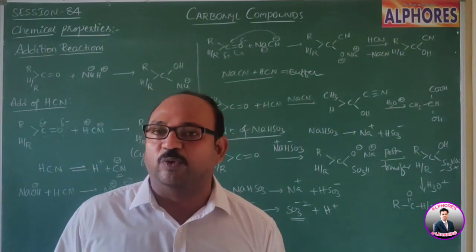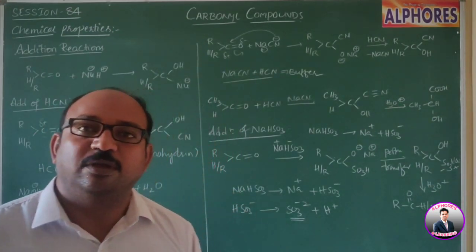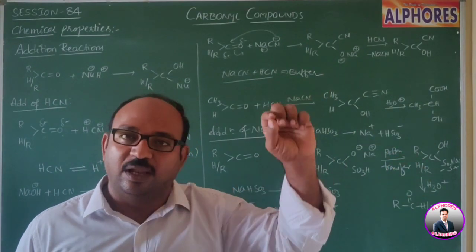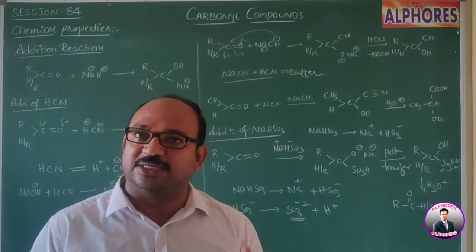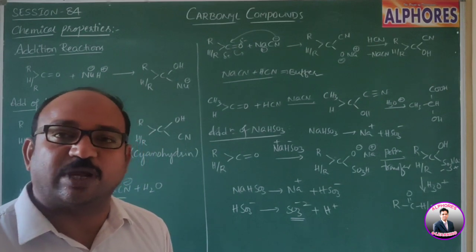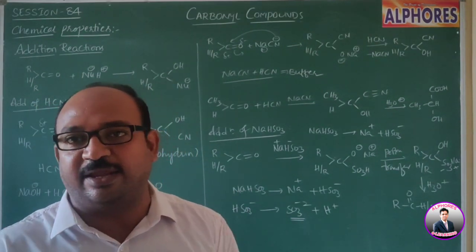Now one more point we have to remember. Compared to aldehydes, the reactivity of ketones with sodium bisulfite is less, because in ketones both alkyl groups are there, whereas in aldehydes there is one alkyl group and one hydrogen. So compared to aldehydes, ketones have more steric hindrance.